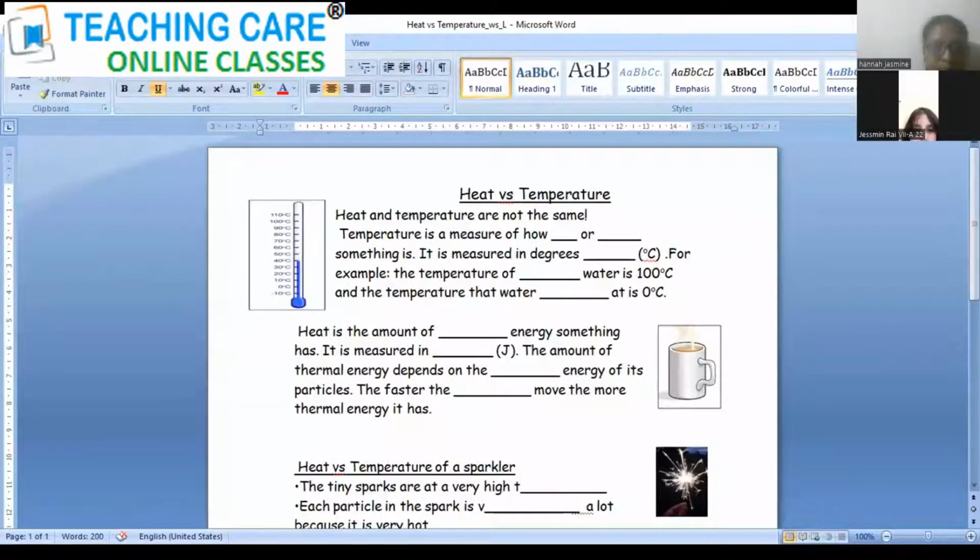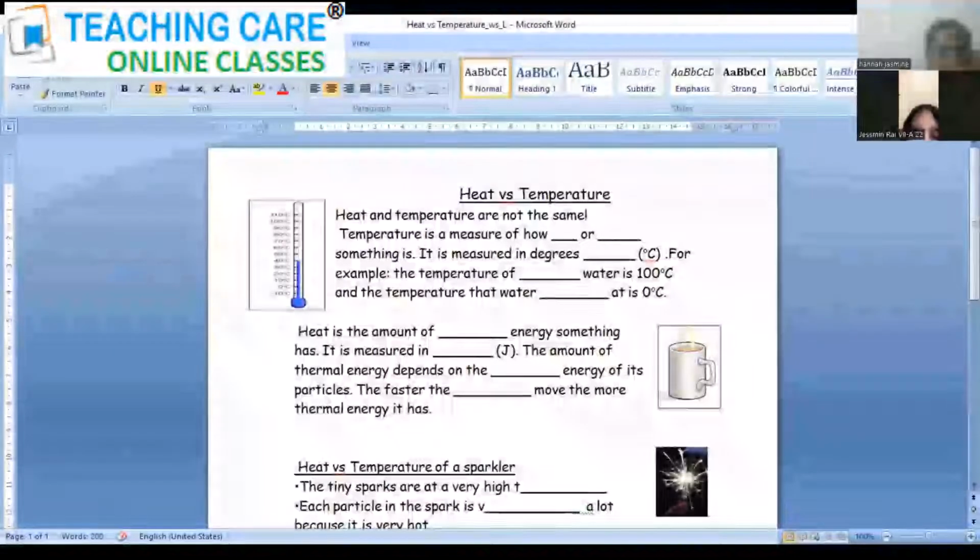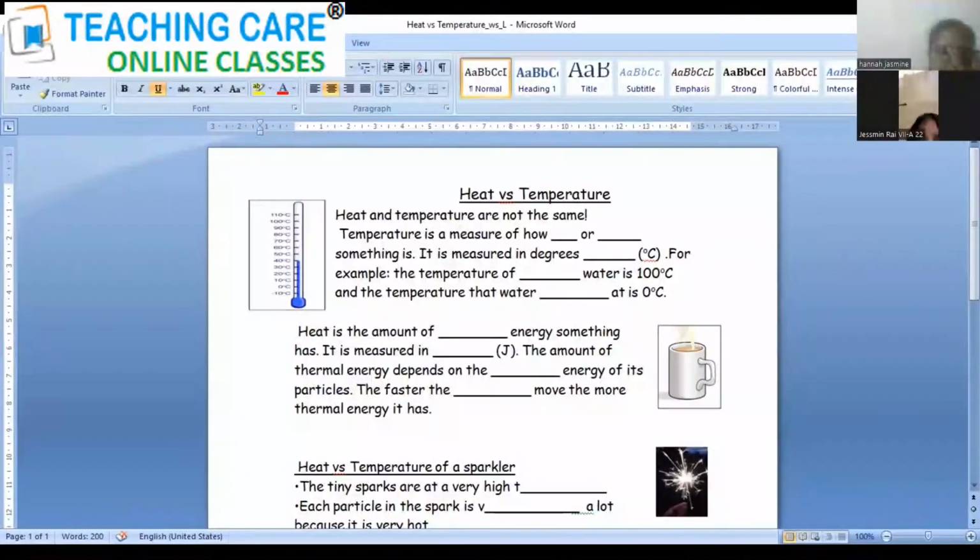Heat versus temperature. Heat and temperature are not the same. Temperature is a measure of how hot or cold something is. It is measured in degrees, Celsius.